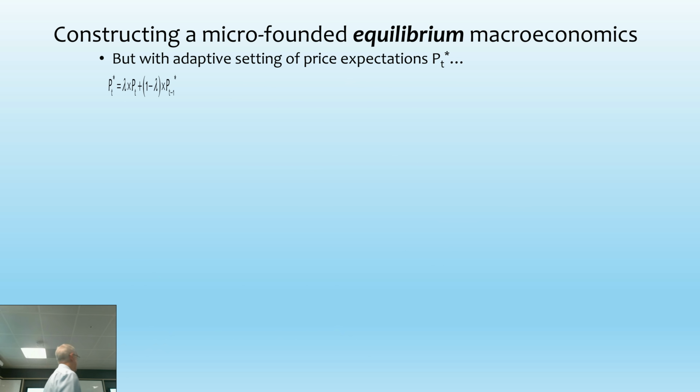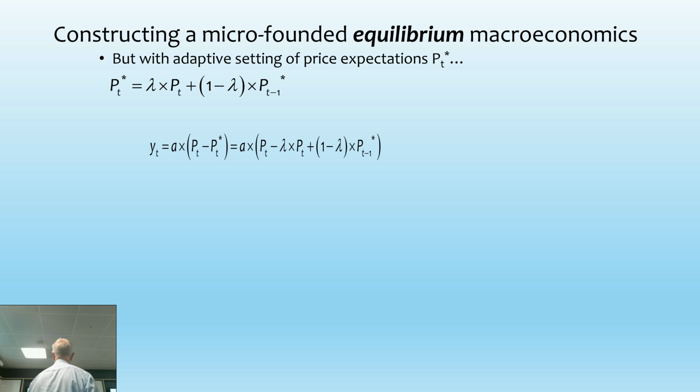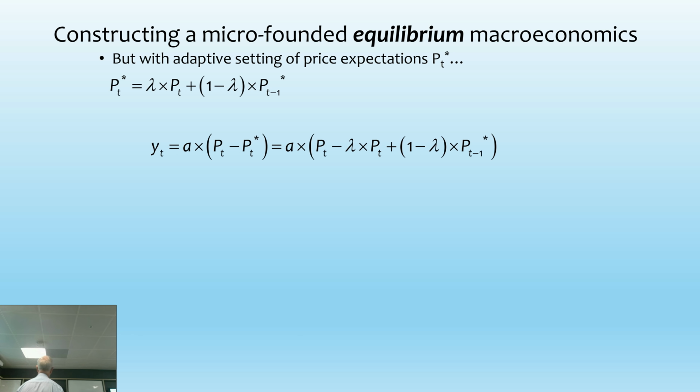If you have adaptive setting of prices, then you get a slow process of getting there, working in difference equations here, and what you get for the deviations can be permanent. You can get permanent deviations from the equilibrium level of output, which you didn't want.